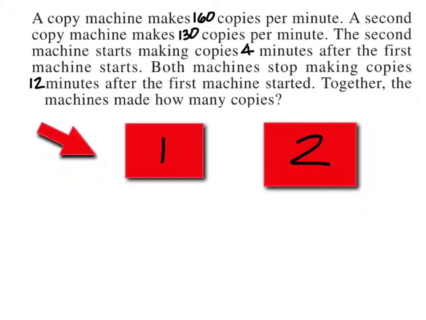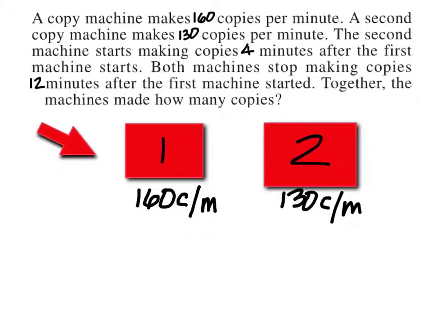What do we know about copy machine number 1? It makes 160 copies per minute. What do we know about copy machine number 2? It makes 130 copies per minute. Now, we've taken care of this and this.